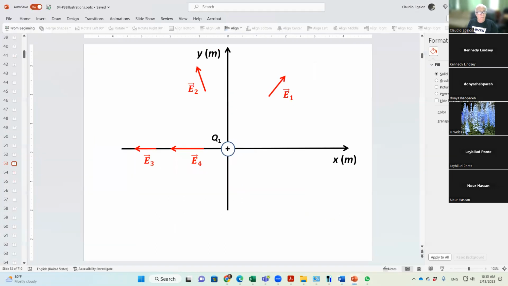So here you go. Mechanical analogous, right? Yes. Now we're gonna draw something different here.